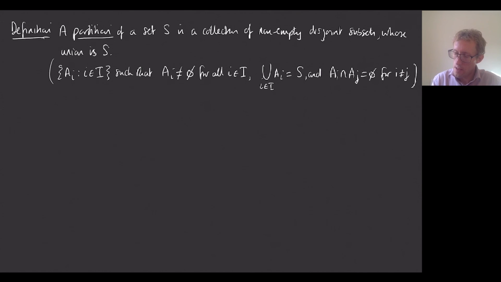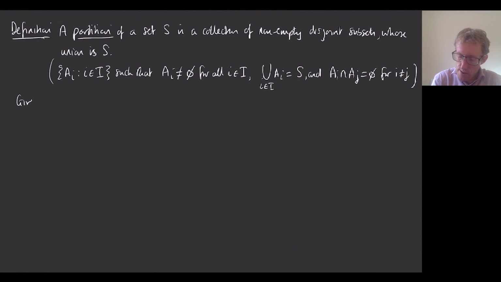Okay, so you can use a partition to define an equivalence relation, and that's why I'm talking about it here, because we can say that two elements of the set are related and they're equivalent if they're in the same part of the partition, so if they're in the same one of these subsets.